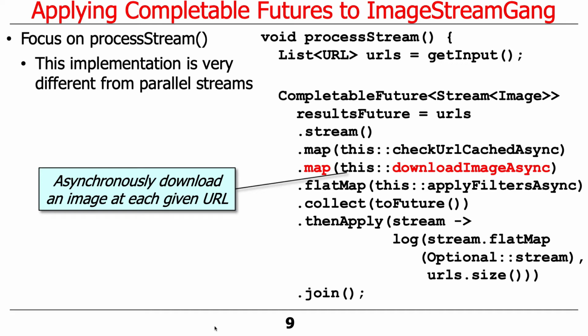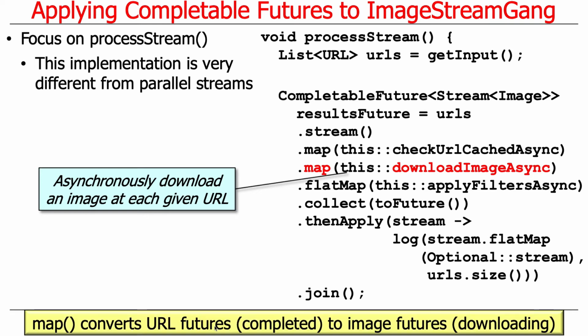And if that optional URL is empty, we're just going to ignore it. If the optional URL is not empty, then we're going to go ahead and download the URL that's part of the optional URL state. So this is going to basically convert these futures that have completed, when they complete, to image futures that are in the process of downloading asynchronously.